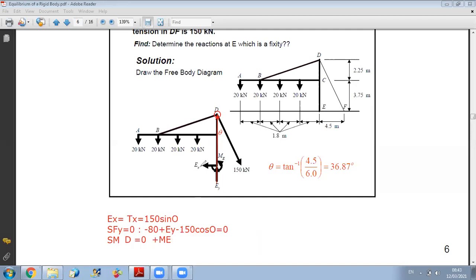Look, Ex is doing a clockwise moment, so it's negative. And the distance from D to E, which is 6, I should multiply by. So I will do minus Ex times 6.